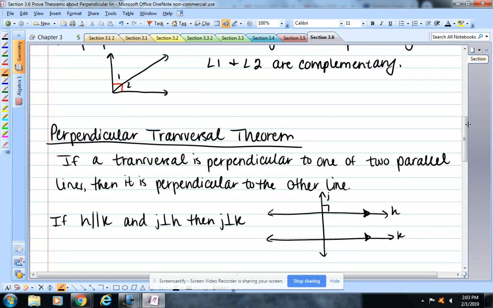So if we have a transversal that's perpendicular to this parallel line, then it's going to be perpendicular to this one as well. Okay? It should be common sense, yes. But this is just stating it. This has been proven. That's why it's a theorem. So yes, a lot of times theorems are so obvious. Okay? This is one of those as well. If we're perpendicular to one line, and that line's parallel to the other one, then that one's perpendicular to that one as well.